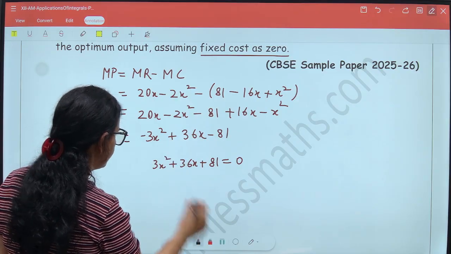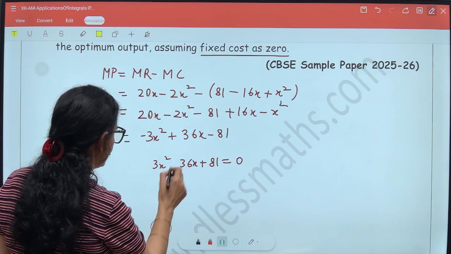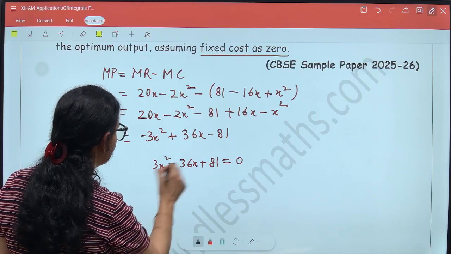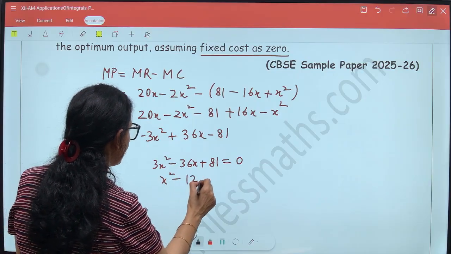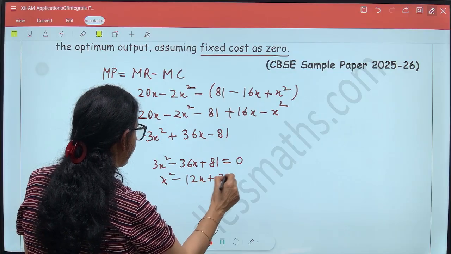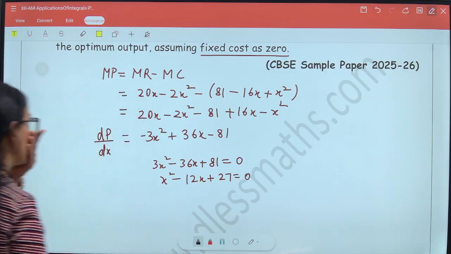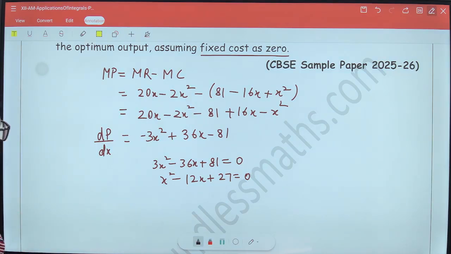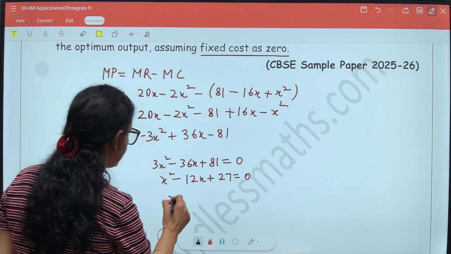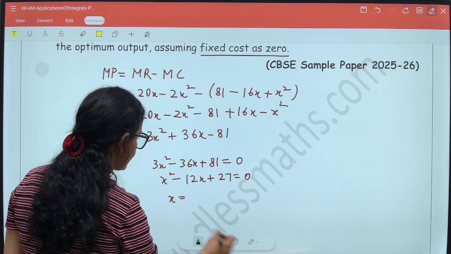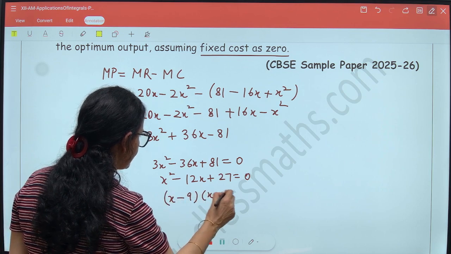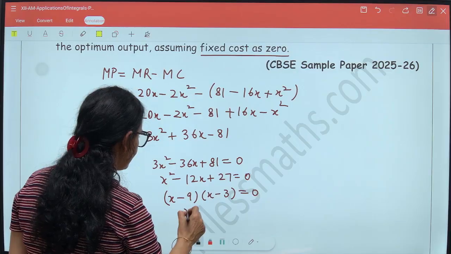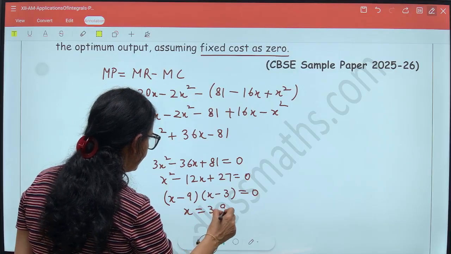We get x square minus 12x plus 27. Now we can split the middle term and factorize and get (x minus 9) into (x minus 3) equals 0. So that means the two values of x are 3 and 9.